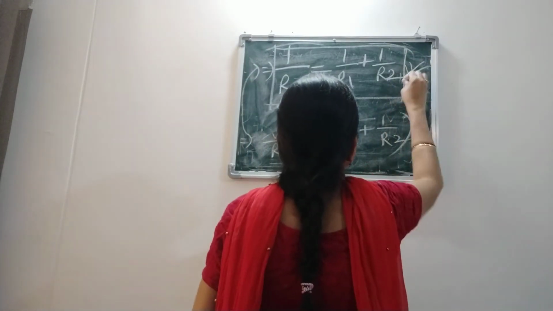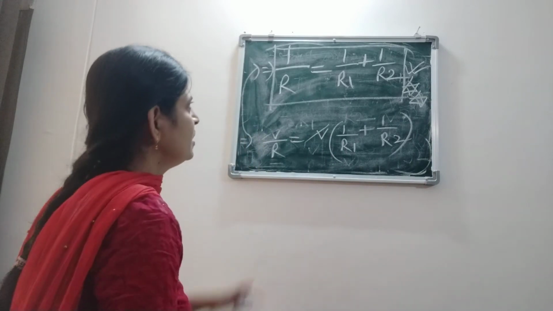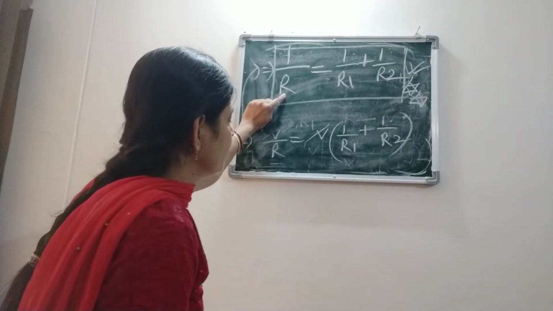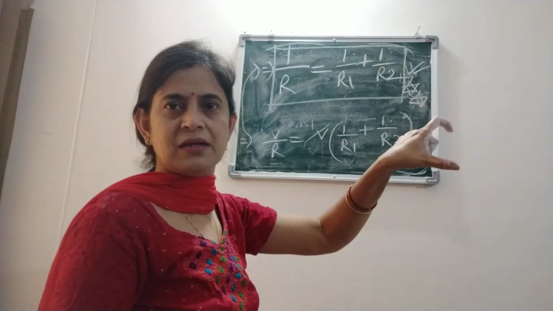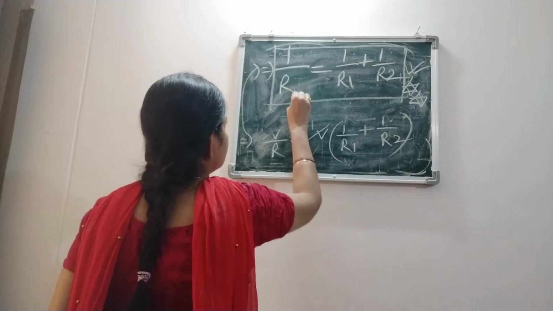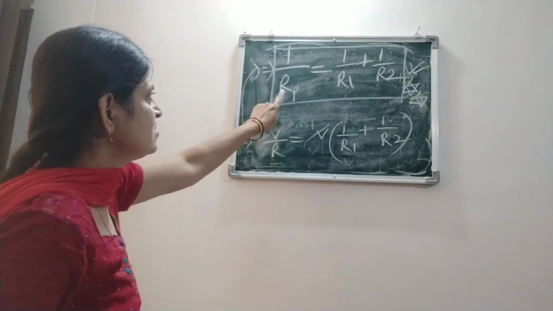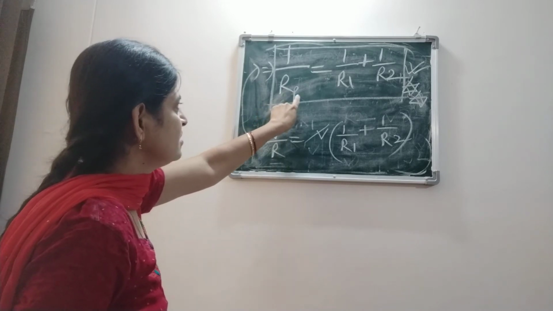So, this is the final equation of the resultant resistance when two resistors are connected in parallel. Sometimes it is written as RP also. RP means the resultant resistance in parallel.